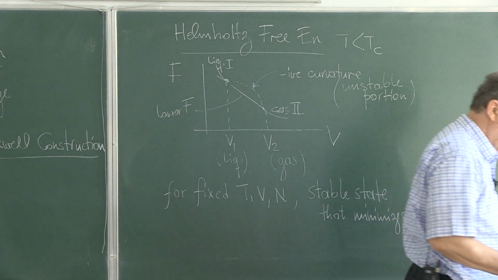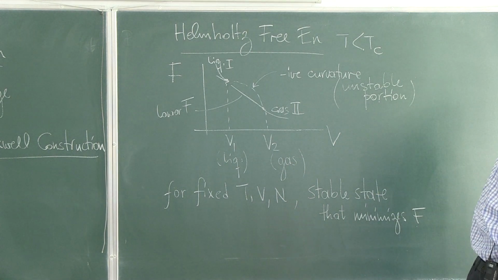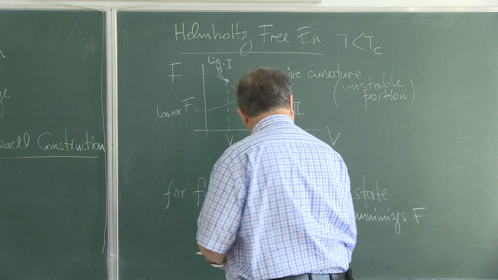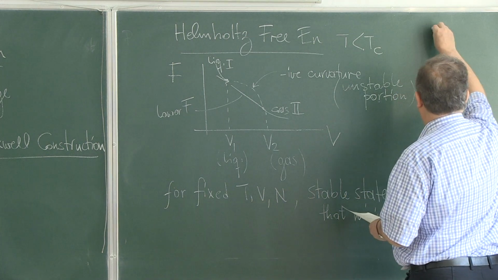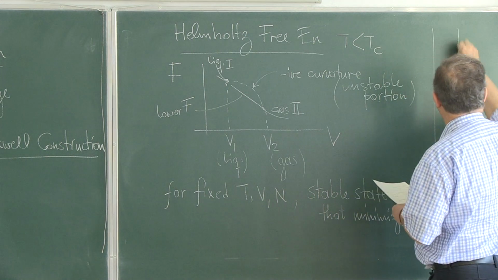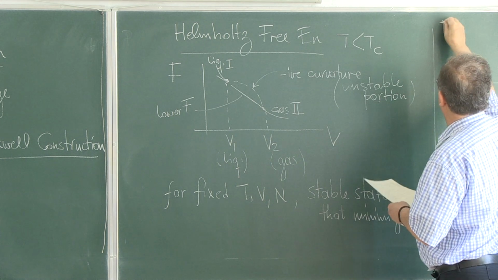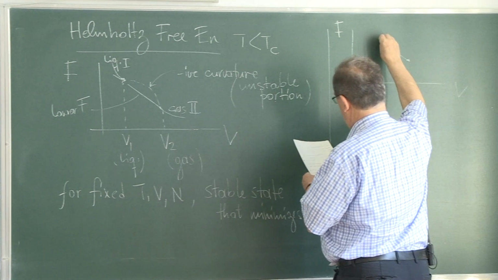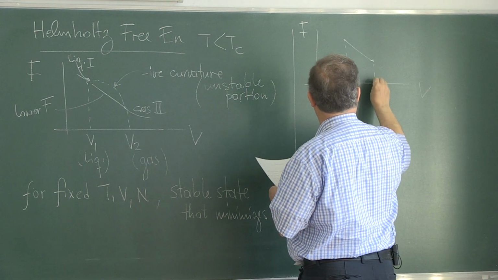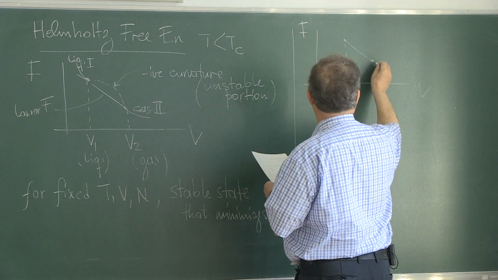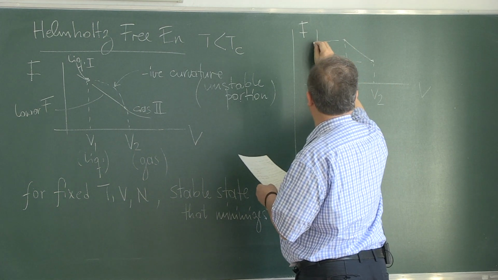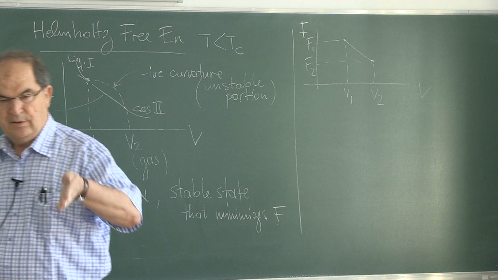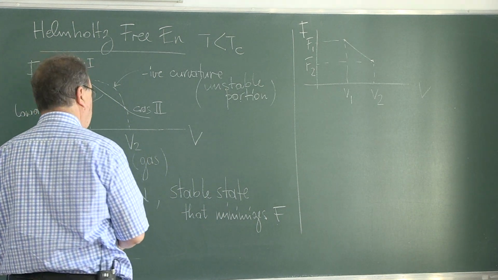So we have to look for a phase-separated state, if you like. And that state has the following property. F as a function of volume has V1 and V2, and this is F1 and F2, a straight line connecting these two states.